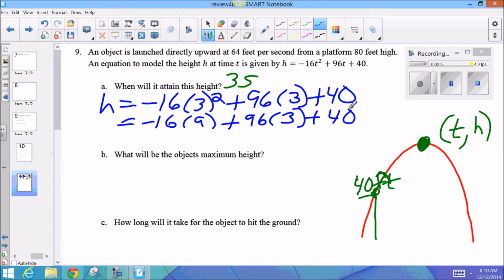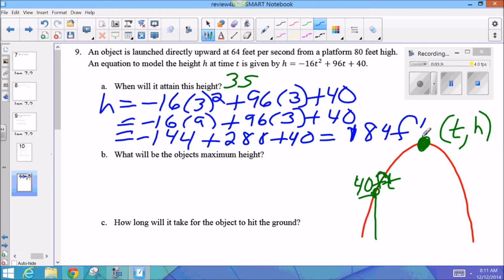All right, negative 16 times 9 is negative 144. 96 times 3 is 288. And then I'm just going to add those 3 things together. Negative 144 plus 288 plus 40 gives me 184 feet. 184 feet. So that's the answer to question A.